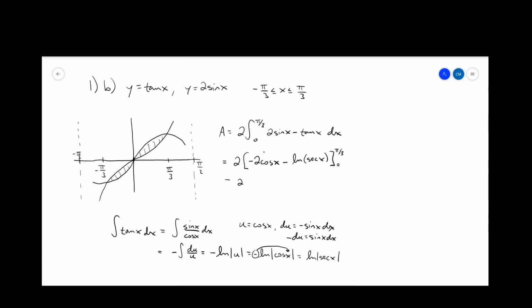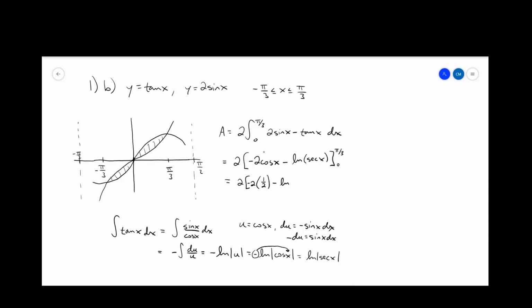Okay, and then that's going to give us minus 2 cosine pi over 3. What's the cosine of pi over 3? 1/2. And then the secant of pi over 3? Two.